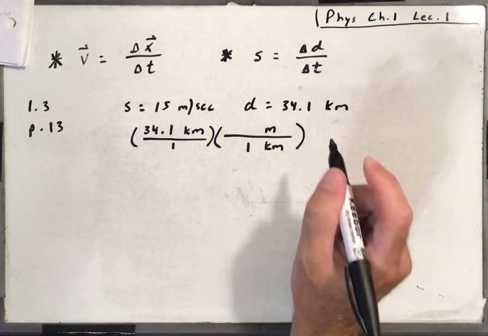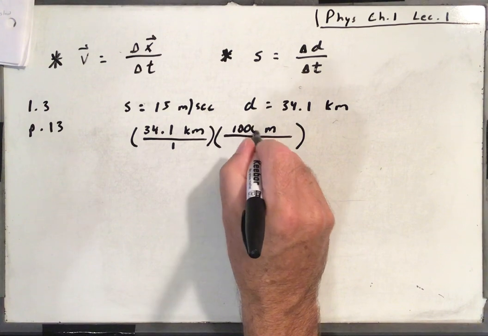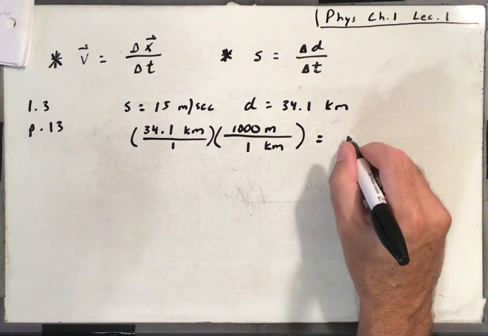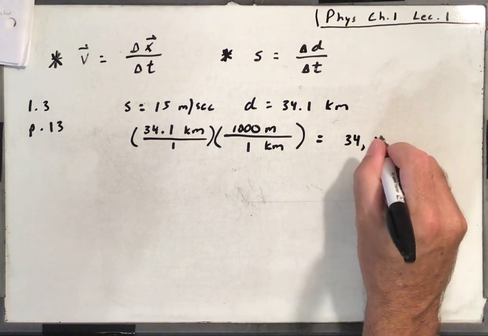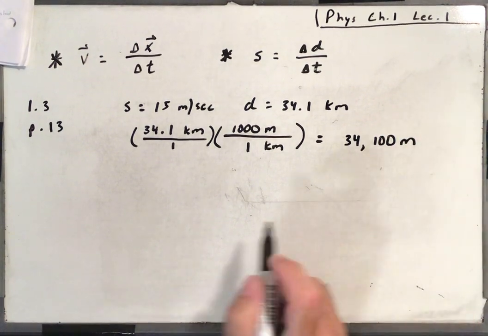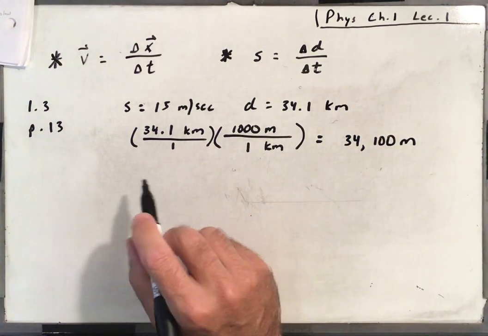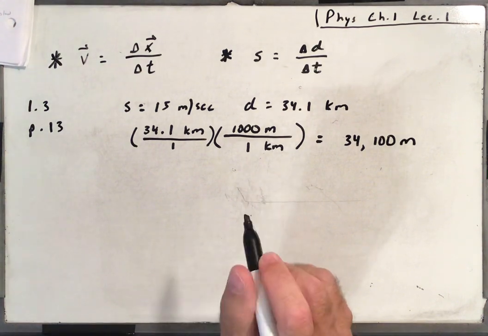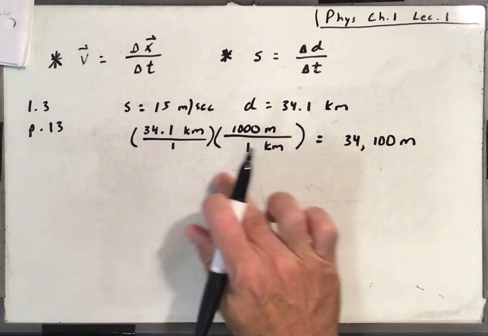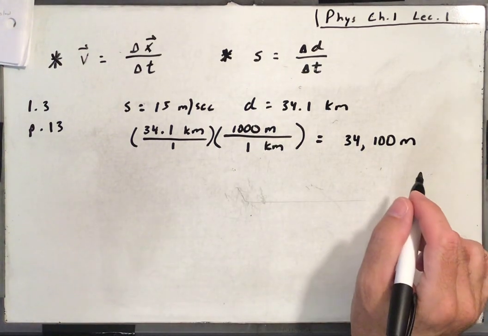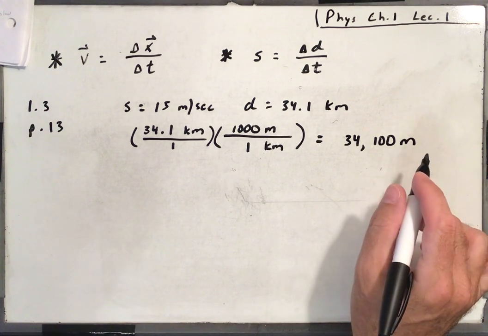The 1 goes by the bigger one. There's 1,000 meters in a kilometer, so that'd be 34,100 meters. You don't have to show me this work, but if you need to do that work because it's been a while since you've done it, feel free to do it this way. All right, so we've got 34,100 meters.